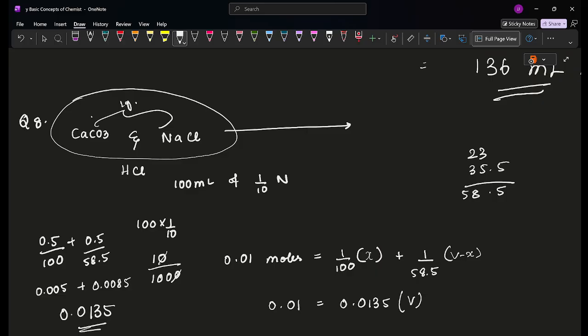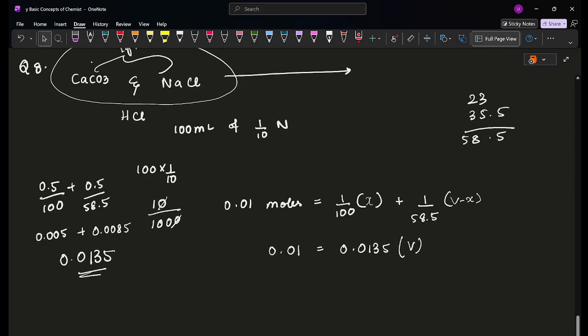So would it be something like this? 0.74 liters.